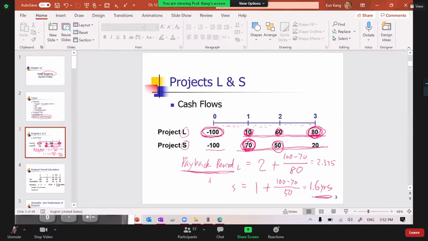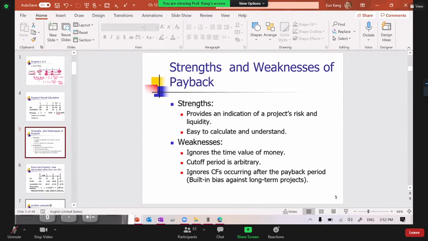What's important is, if two projects are mutually exclusive, that means you can choose only one. So your answer is correct if projects L and S are mutually exclusive. But if projects L and S are independent, it depends on your cutoff period, right?